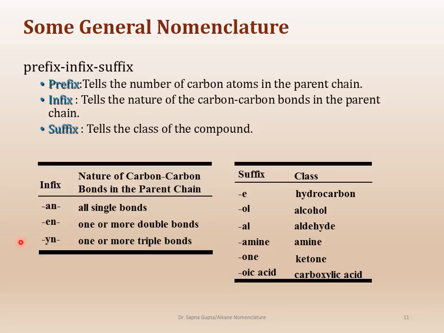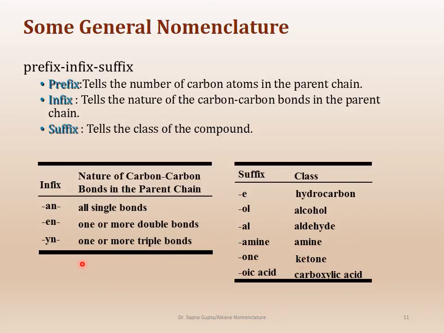This slide is a little bit about some general nomenclature. In Organic 1, we are focusing more on alkanes, alkenes, and alkynes, but you will still encounter some alcohols and some haloalkanes. So you need to know a little bit about the nomenclature of that.